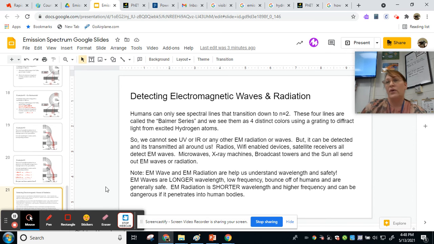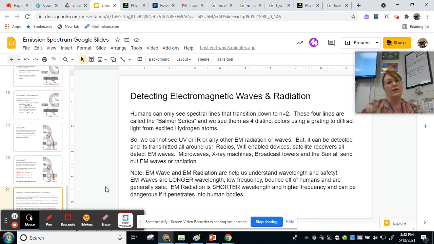Also, electromagnetic waves are broadcast all around us. So big cell phone towers, those things are blasting out electromagnetic waves. Broadcast towers, blasting out electromagnetic waves. Microwaves contain electromagnetic waves. So electromagnetic waves are all around us. We just have to be careful. Some of them are harmful, and that is where we get into electromagnetic radiation.